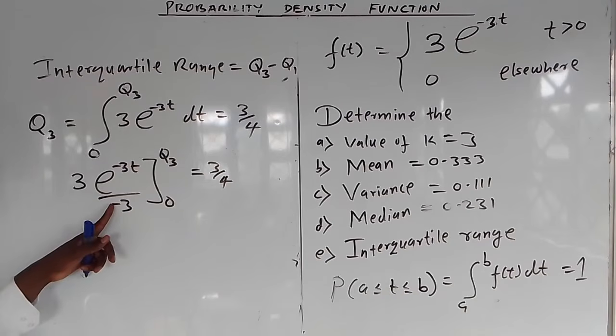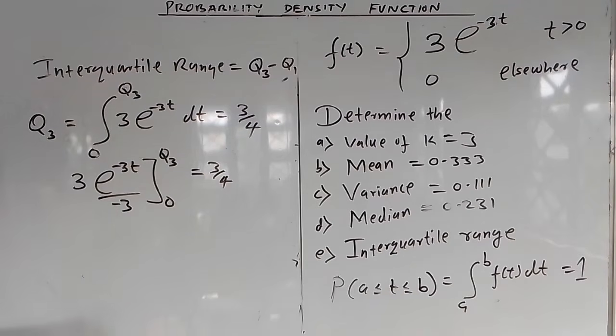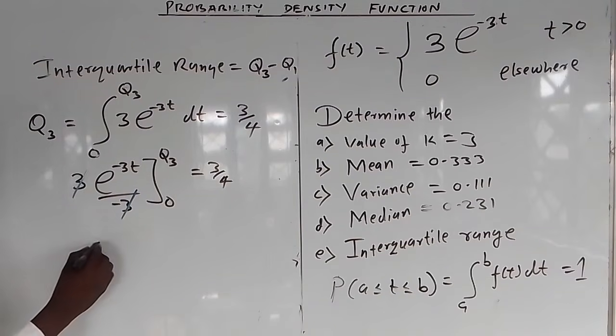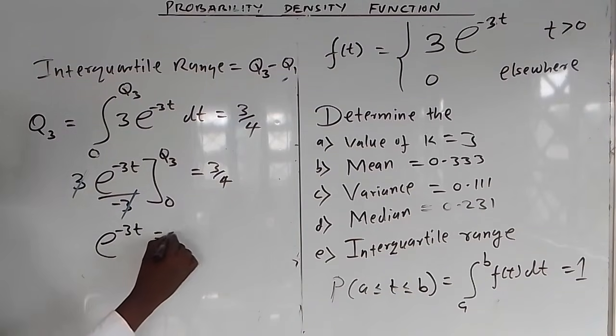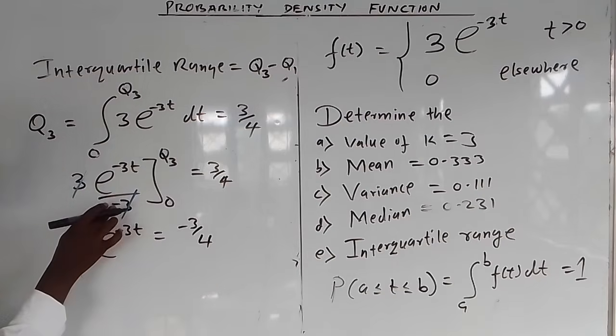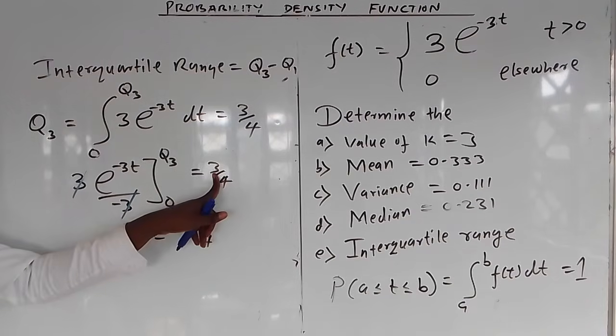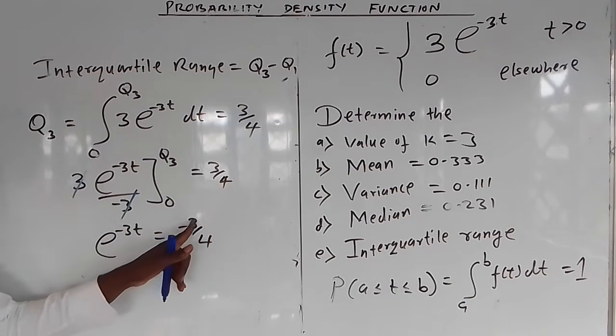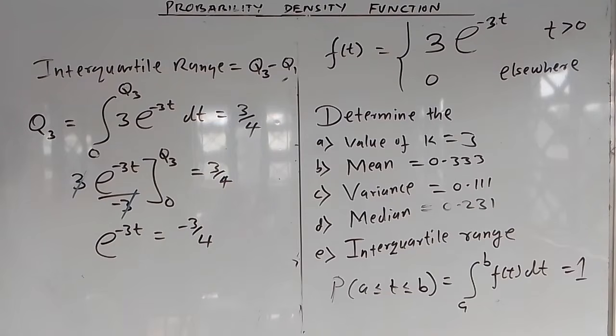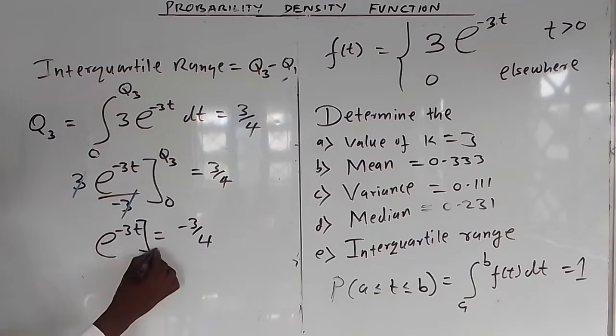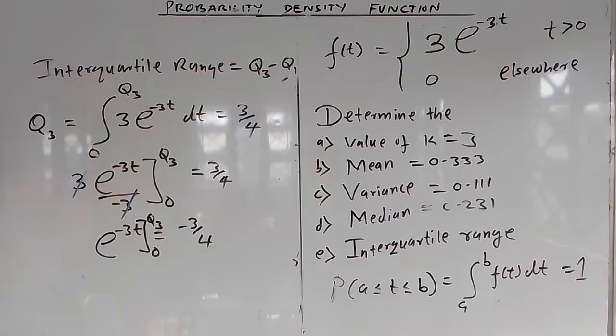See, this negative you take on the other side of the equation. So we remain with exponential negative 3t to be negative 3 over 4. Have you placed your limits here? From 0 to q3. So start substituting. When you substitute q3 here, what do you have?